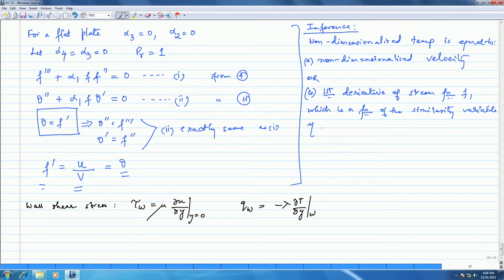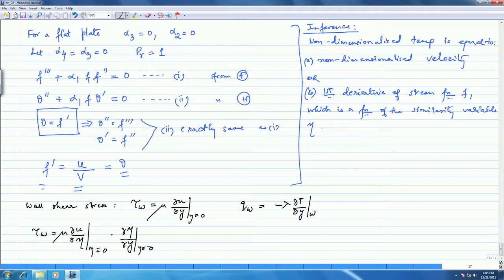So, I am going to write tau wall as nu del u del eta at eta equal to 0 into del eta del y at y equal to 0.